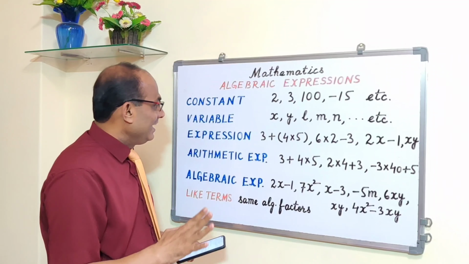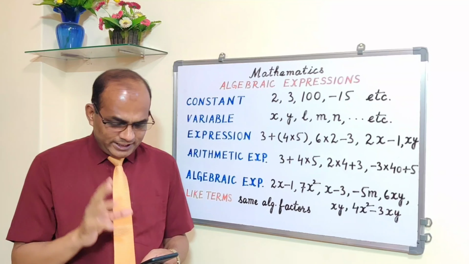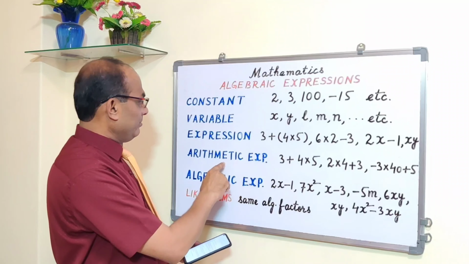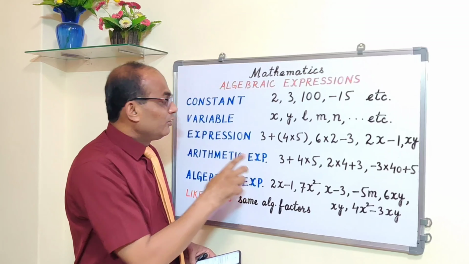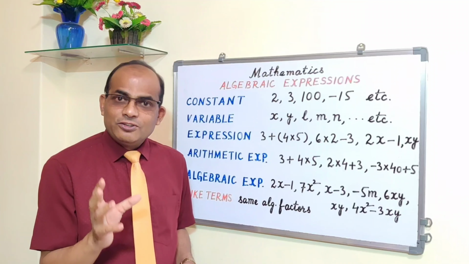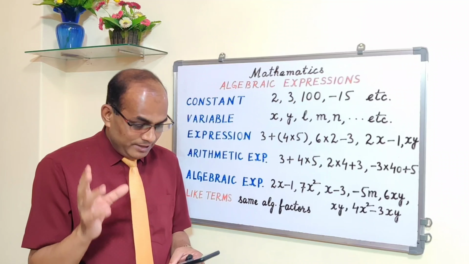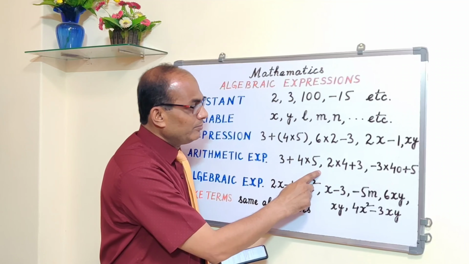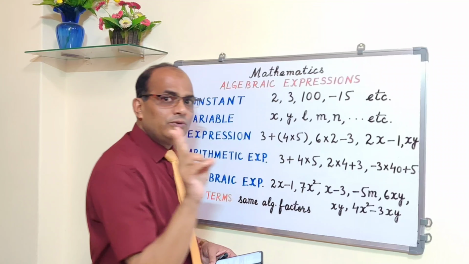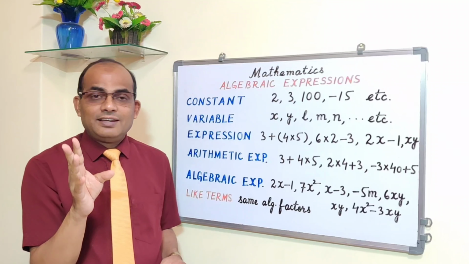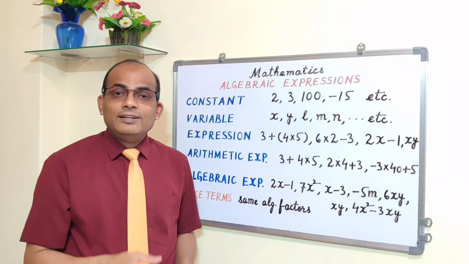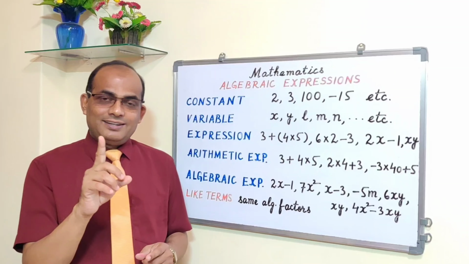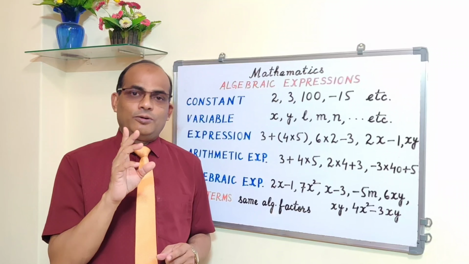So, what is an arithmetic expression? An arithmetic expression or number expression is an expression with a minimum of two numbers, or more than two, and at least one basic maths operation.